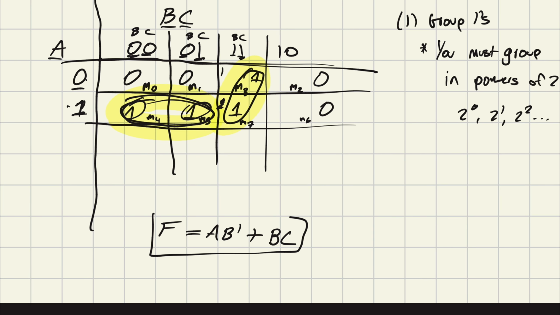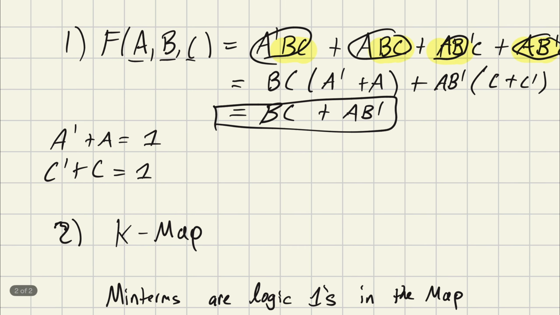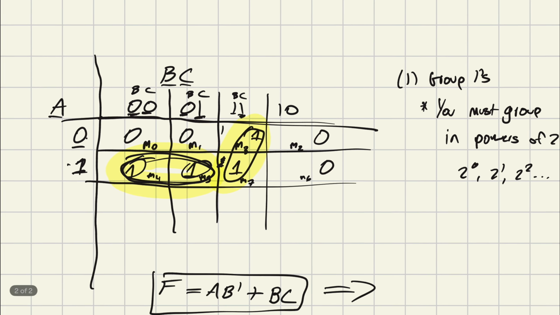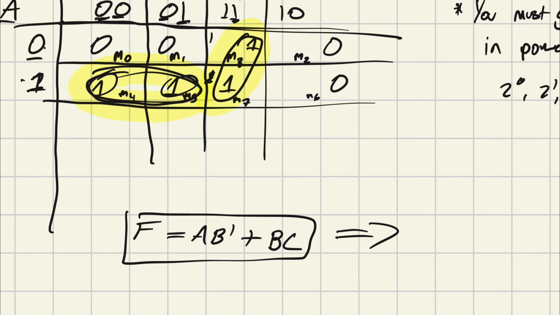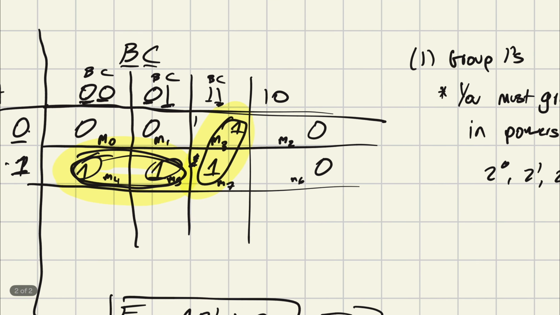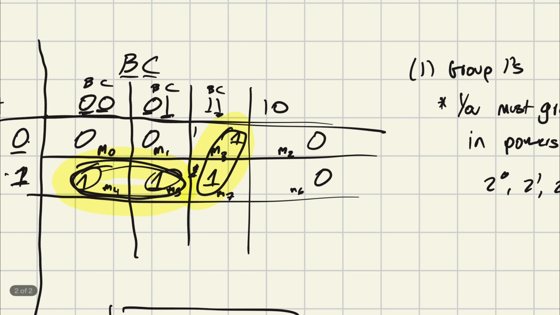And this is equivalent to what we found over here: BC plus AB naught. They're both the same. Now, however this may seem longer or more counterintuitive, it indeed is much faster, especially when you're dealing with 4 variables or even a 5 variable K-map, which we'll cover later on.